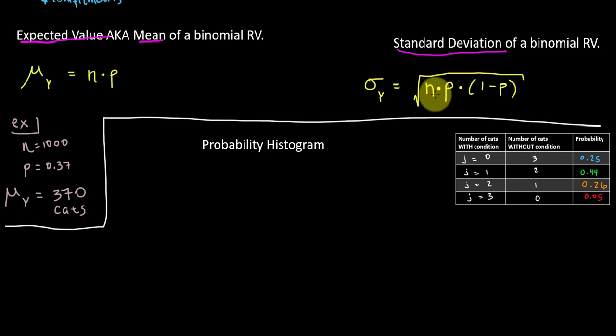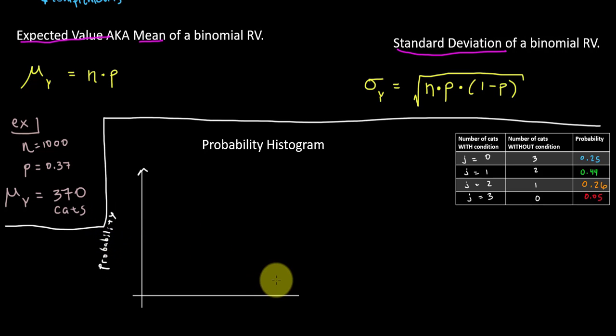Okay, a couple more things I would like to show you is that we can transcribe these probabilities into a graph, like a histogram. And we drew these in a previous video, but I thought it would be funner to do this with a little bit more interesting numbers. So I've got myself some axes here. I will label my vertical axis as probability. I'm running out of canvas space, so I gotta fit what I can in here.